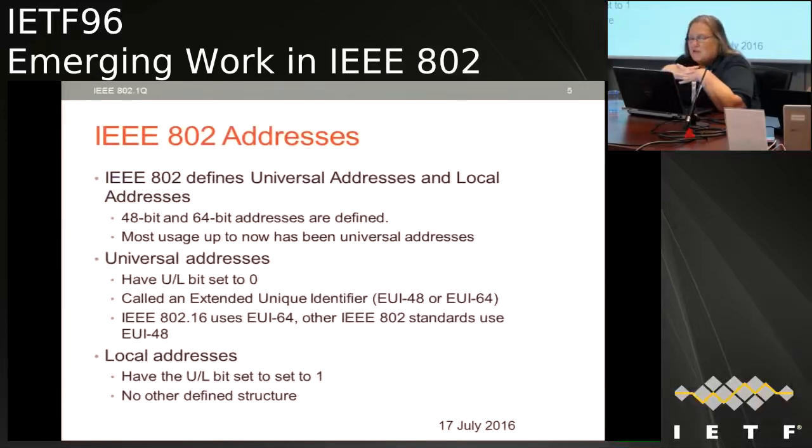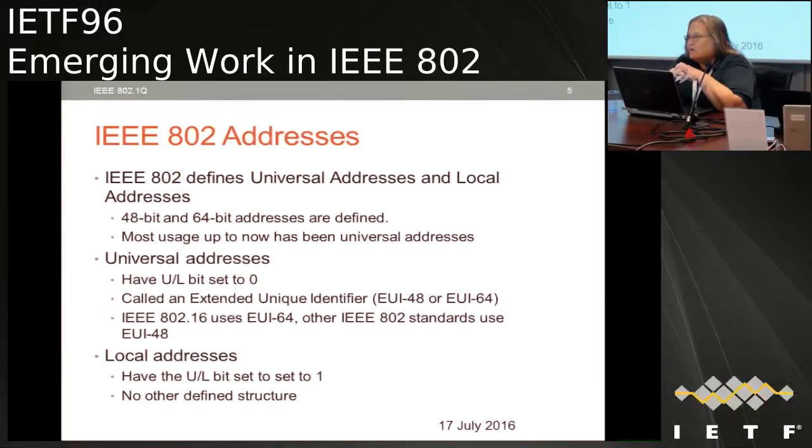The universal addresses have the UL bit set to 0, and they're called an extended unique identifier. That's a term that came along later. You'll hear EUI-48 or EUI-64 depending on the length. 802.16 uses EUI-64, and there are some uses of EUI-64 as global identifiers for products where it's not a MAC address, just a product identifier. The other IEEE 802 standards primarily use 48-bit addressing.